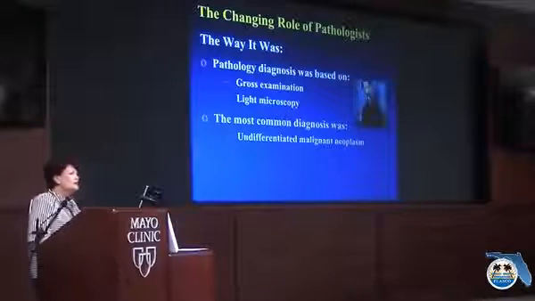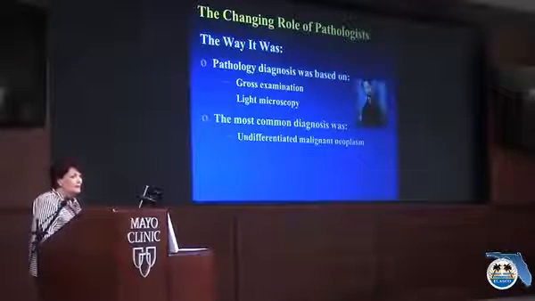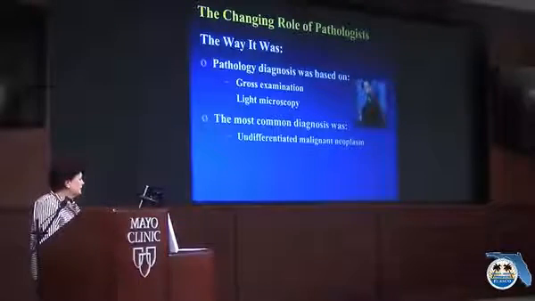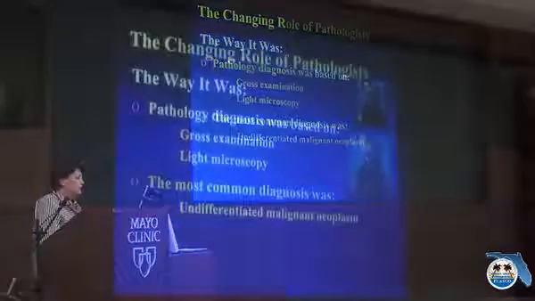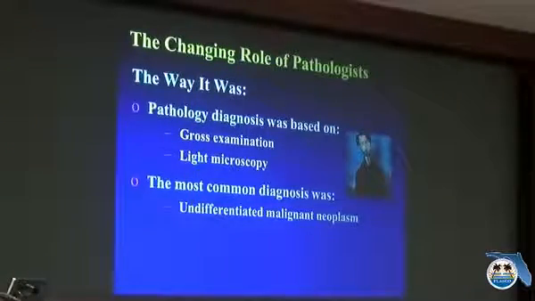Well, there has been a lot of change in the role of pathologists, as I indicated. Pathologists were often in the basement, they were removed from the scene, so to speak. And the pathology diagnosis was based on just looking at the case under light microscopy, and the most common diagnosis was undifferentiated malignant neoplasm.